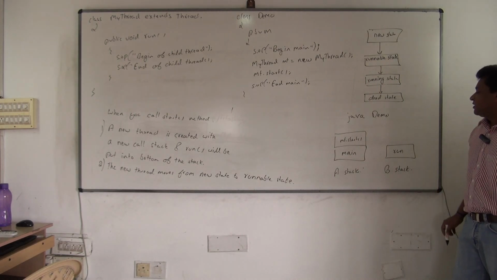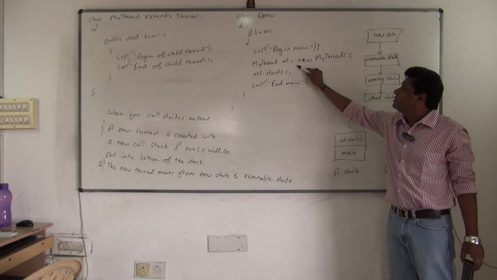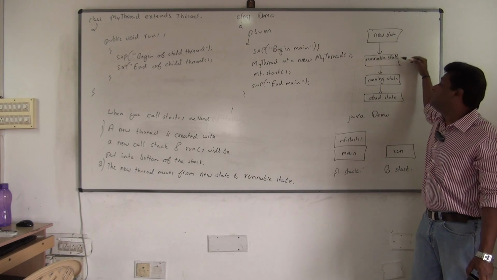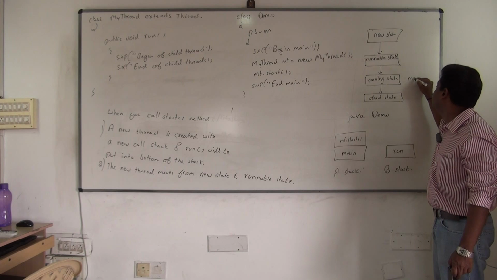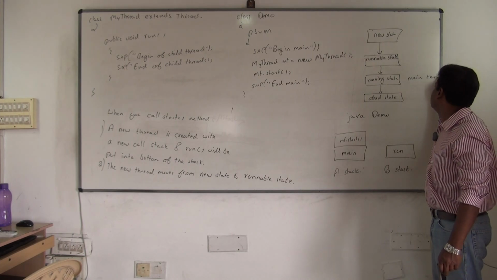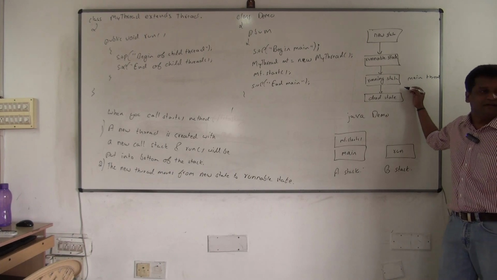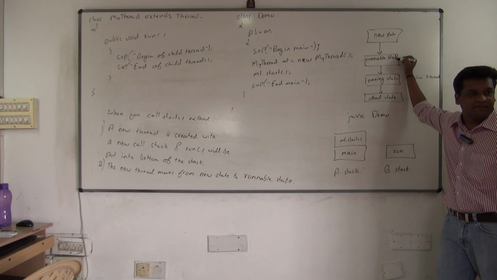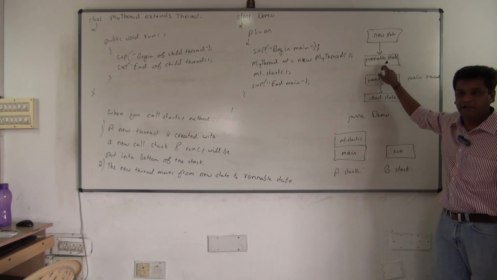So now let's look into this program. When the main thread had begun execution, where was the main thread? The main thread was present in running state. When it created a new thread, where did the thread go? Runnable state. So the child thread is sitting here, and the main thread is running.